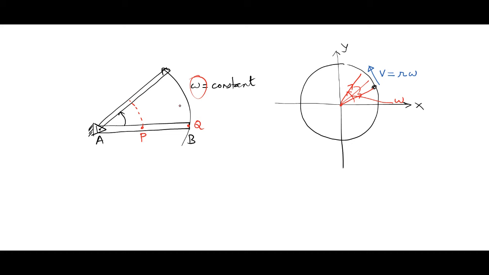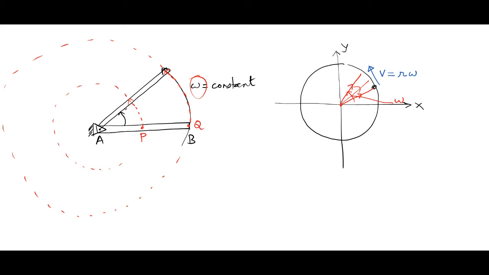In fact, since omega is constant, and you know that these particles move at the same omega as the rod, constant omega would mean UCM. So these particles are essentially going to travel with UCM around point A, and the angular velocity is omega for each of them, because both of them are attached to the rod.